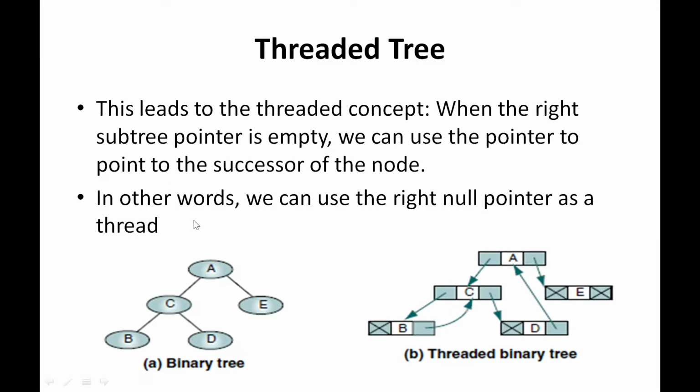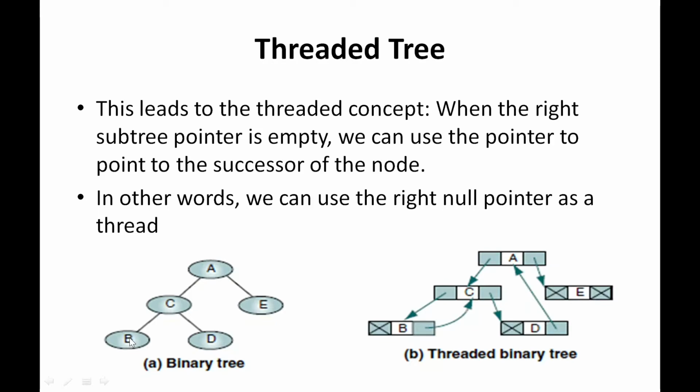So given this particular binary tree, to construct a threaded tree you just replace the null values in the right node, or in other words the forward link pointer, by the address of the successor node as per the in-order traversal. For example, from A we will come to C, from C we will come to B as per in-order traversal.